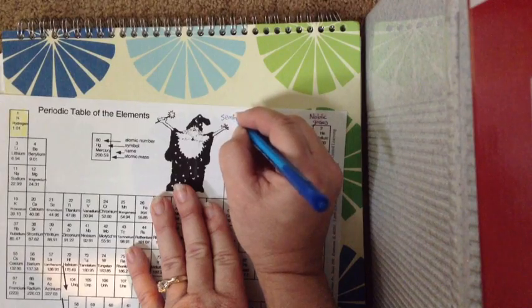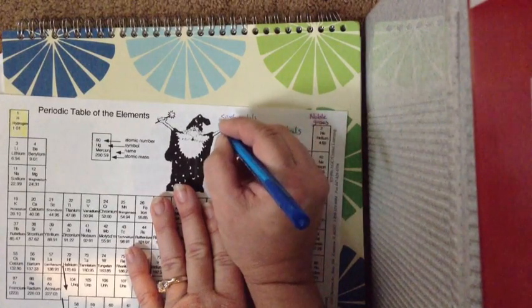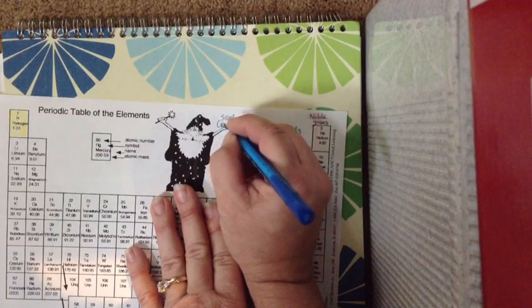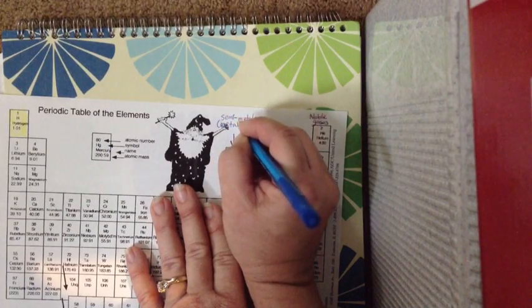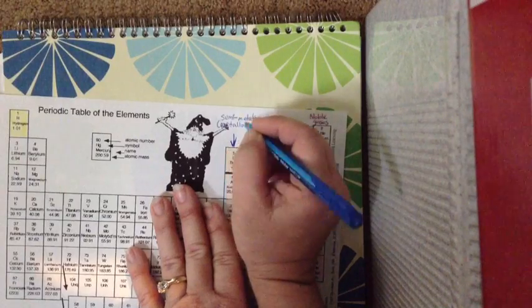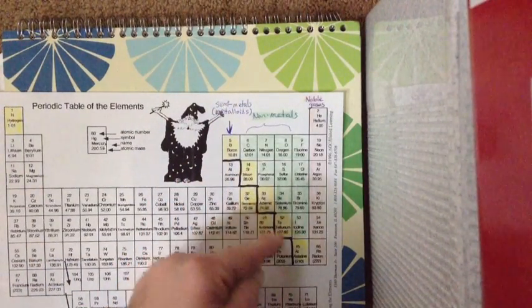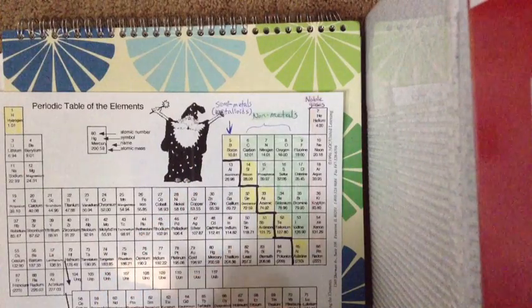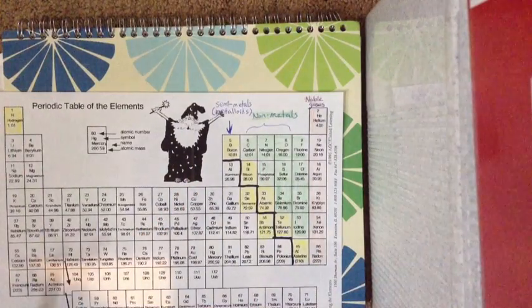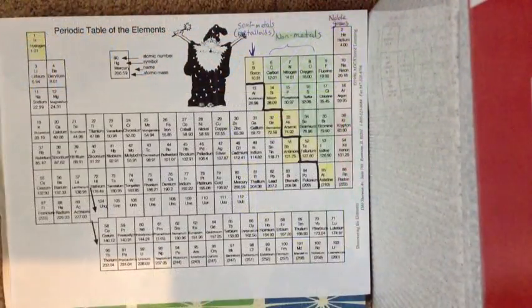Semimetals is one term, and some places they're called metalloids. I guess it just depends on how old your resource is, but they're still both referring to the elements that are here in yellow that are marked along the zigzag line, and everything else from there over is a metal.